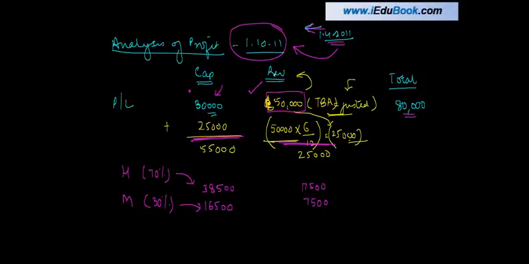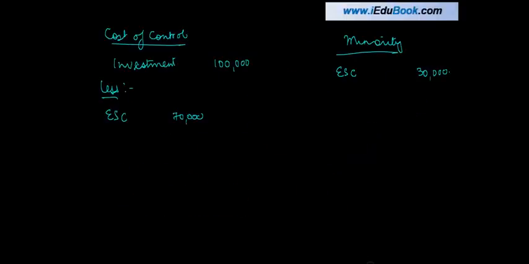So since the time period was 6 and 6 months, I distributed it equally, 6 divided by 12. 25,000 I added to the capital, 25,000 I reduced from revenue. I got my revenue, I got my capital, and I bifurcated it between holding and minority. Once this is done, nothing is to be worried about. We just need to place this in the relevant places.